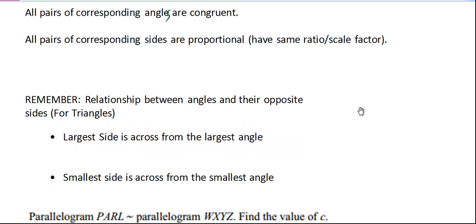The other thing I wanted to mention is that when I have any triangle, remember that whichever angle is the smallest angle, the side opposite has to be the longest.